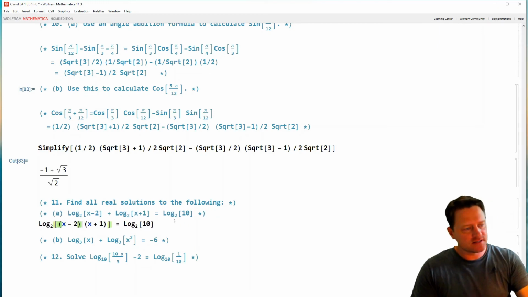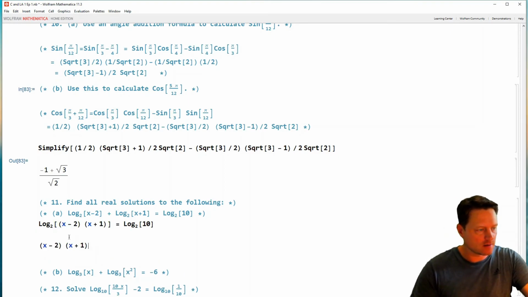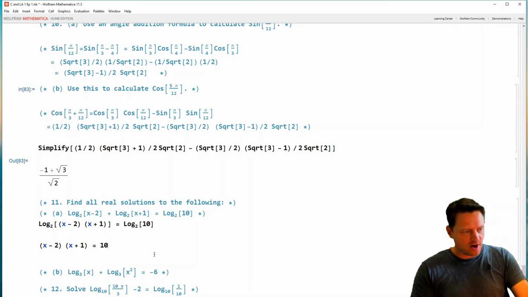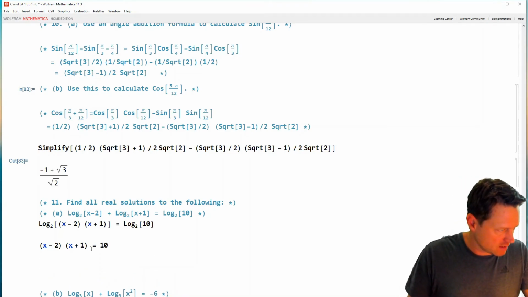And now both of these are to base 2, so I can look at the insides and say that these insides must be the same. Okay, so this equals 10. And now all I have to do is solve this quadratic equation. But that looks fairly simple.